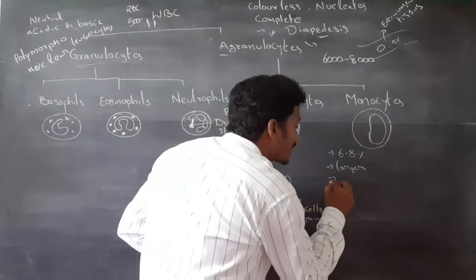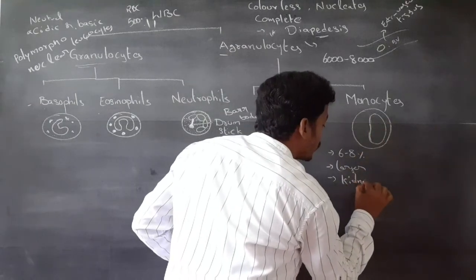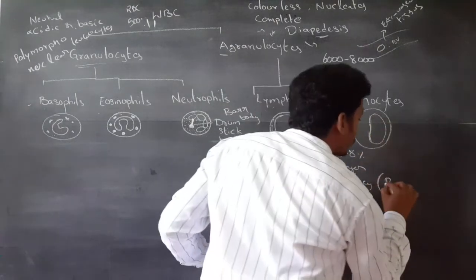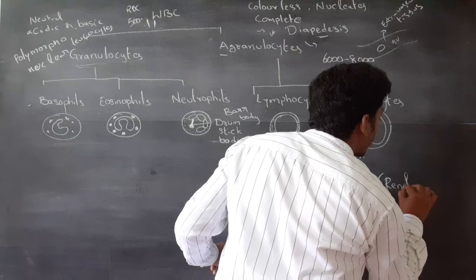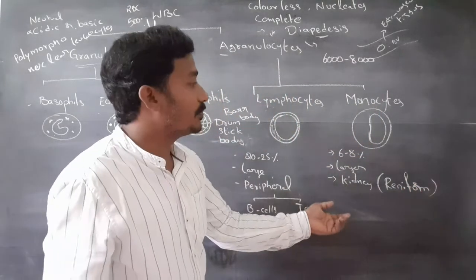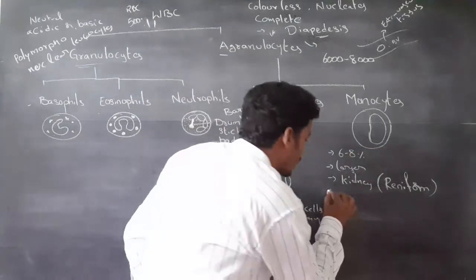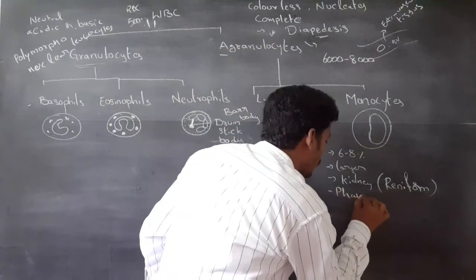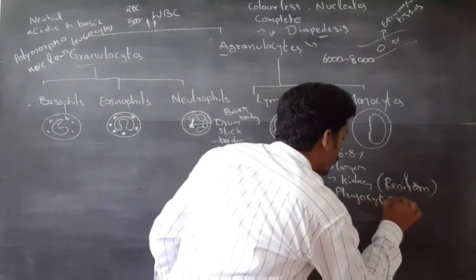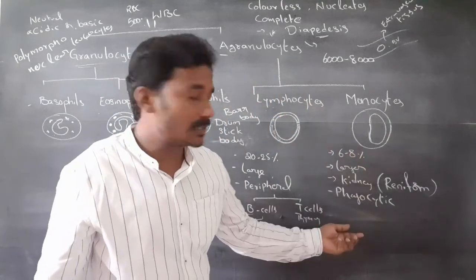The nucleus is kidney shaped or reniform. These are more actively motile phagocytic cells.